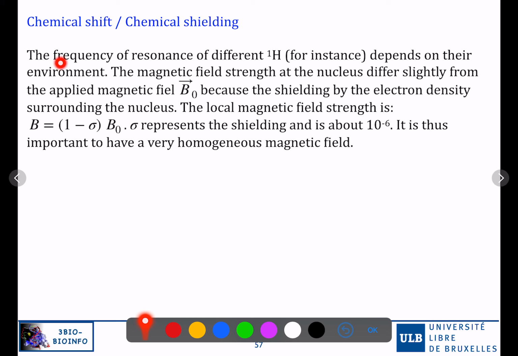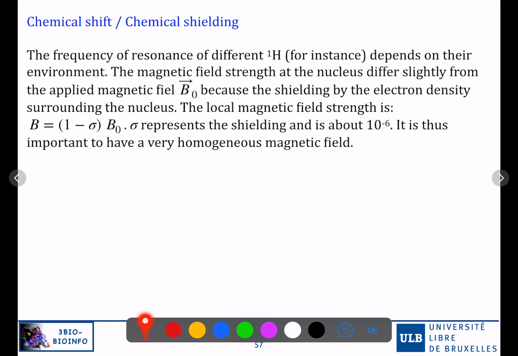And so the frequency of resonance of the different H1 hydrogen 1 nuclei is different according to the surrounding. And so according to the value of this frequency of resonance, you could obtain information about the neighborhood of the different hydrogen nuclei.